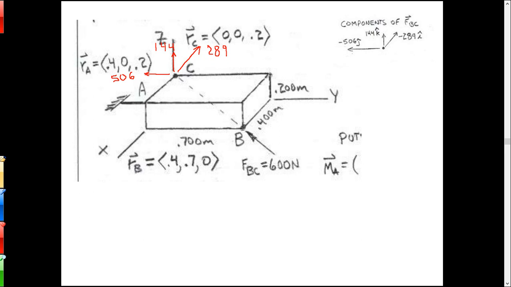There are two ways I can think to visualize this, but which component of moment would that 144 be? Y. Yes, it's Y. What's going to happen here is it's going to come up and over like that. You all seeing that?